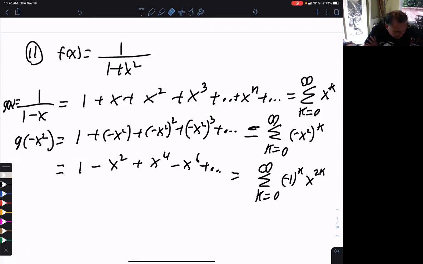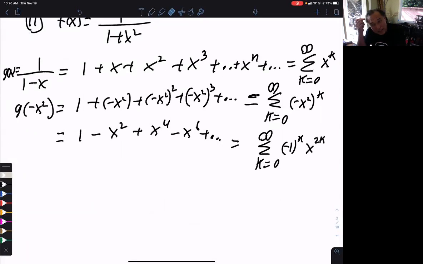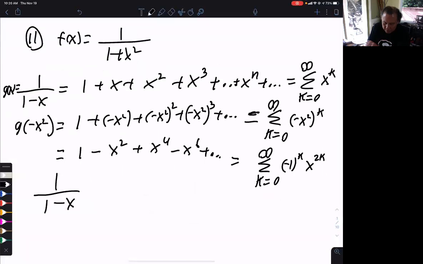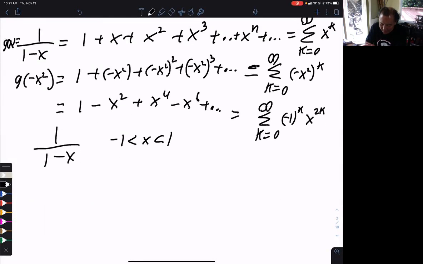They want the interval of convergence, and here's how we do that. And this is where some of the stuff we were having trouble with, inequalities. Yesterday we were having trouble. So we know the interval of convergence for this is that, right? But we replaced x with minus x squared.